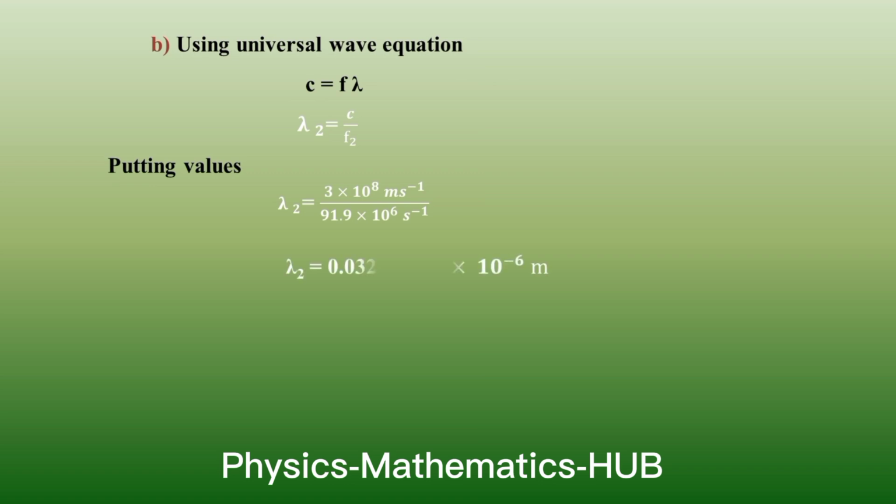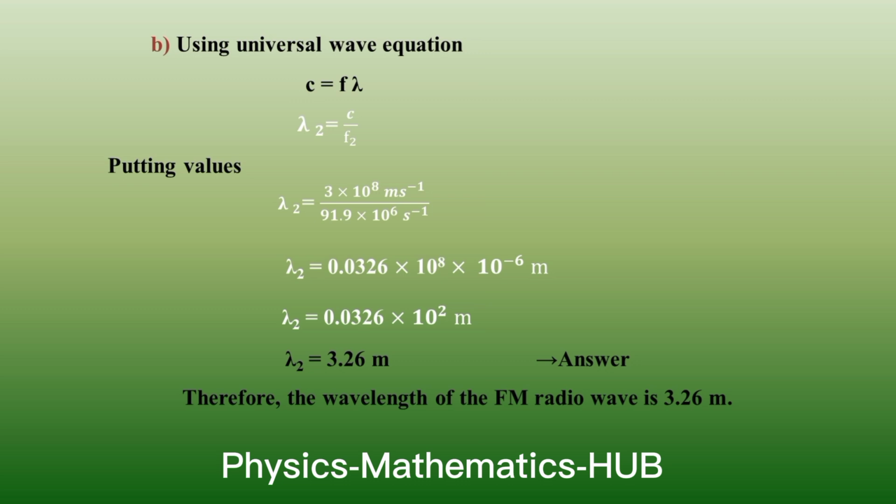After doing the calculation, we get lambda 2 is equal to 0.0326 multiplied by 10 to the power 2 meters. Finally, we get lambda 2 is equal to 3.26 meters. Therefore, the FM wave has crests that are about 3.26 meters apart.